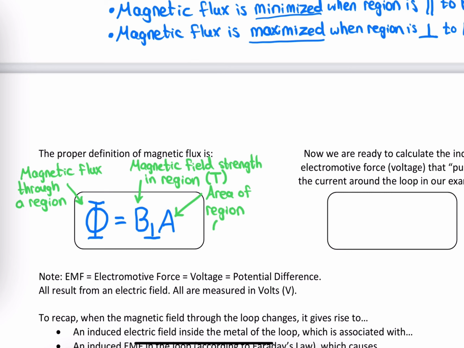Area is going to be in meters squared. And so the flux has units of Tesla meters squared, or a more common name for it is Webers, for which we use the abbreviation Wb, capital W and a small b.